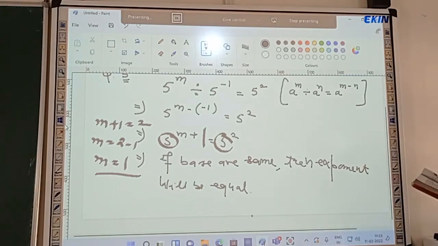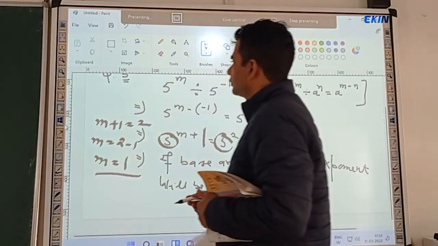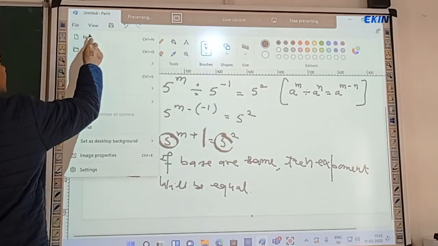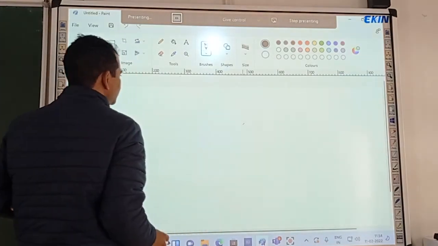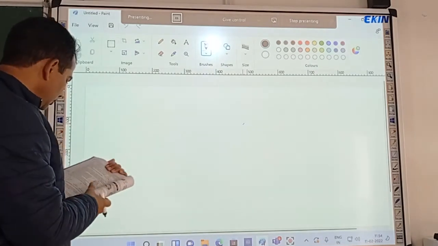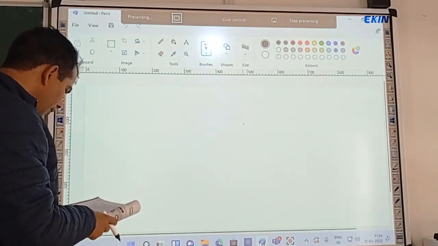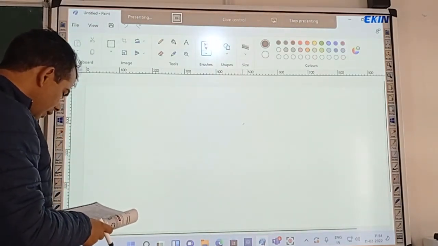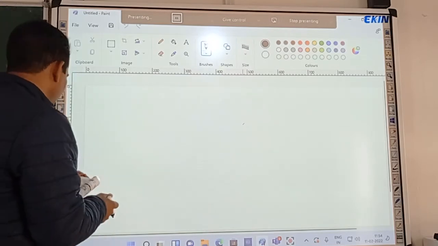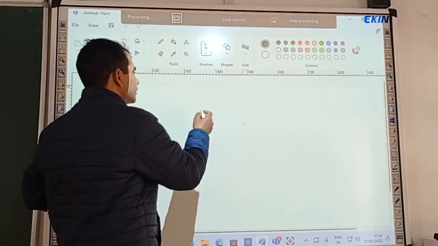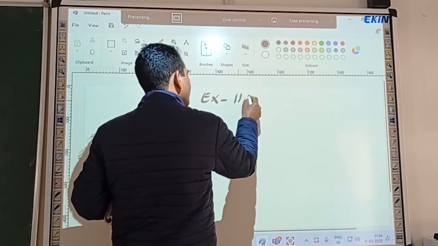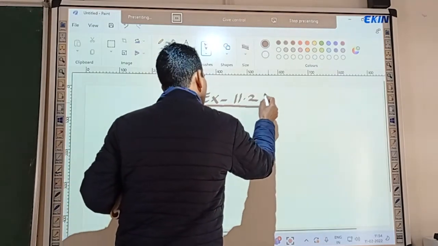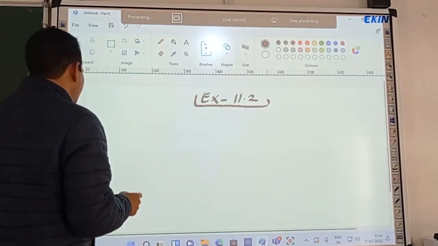The diagonals of a rhombus are 7.5 centimeter and 12 centimeter. Find its area. Exercise 11.2, question number 5.